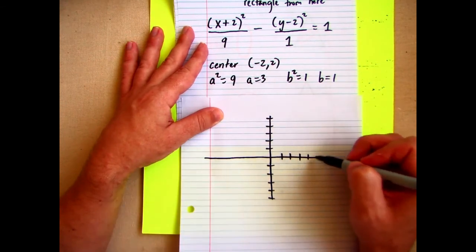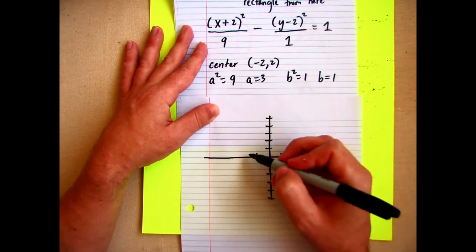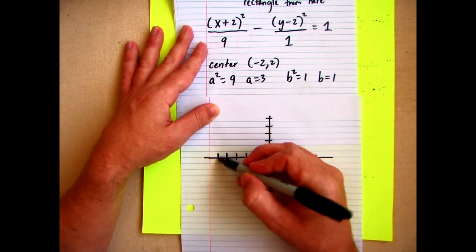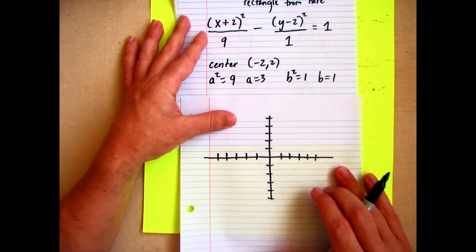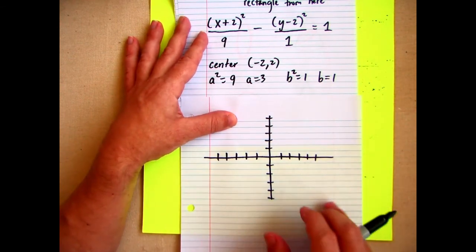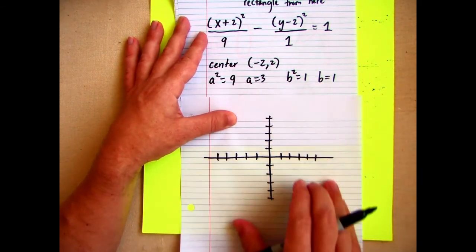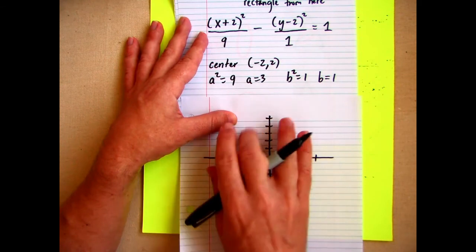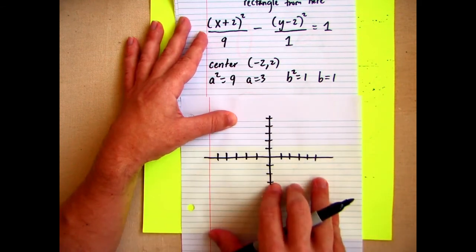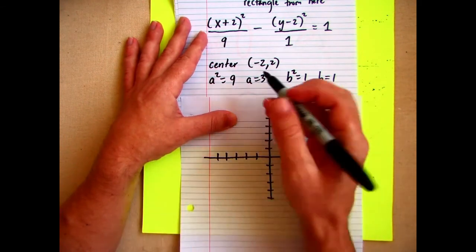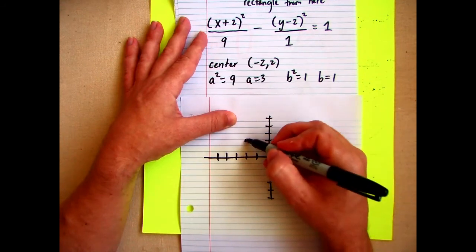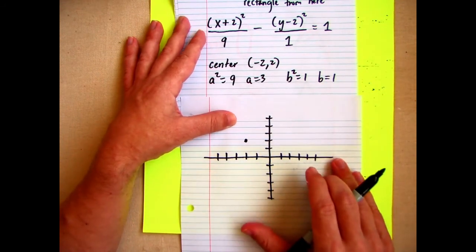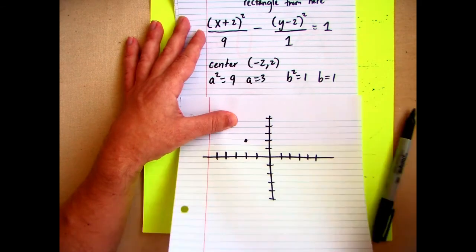So setting up my axes here, first thing I'm going to graph is my center at -2, 2. And let's build this rectangle.